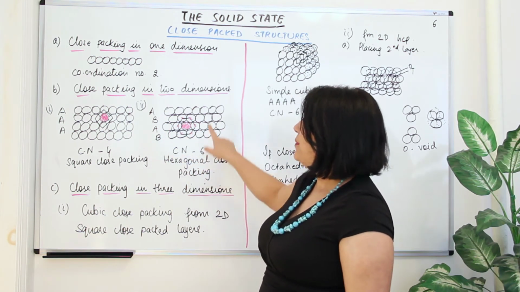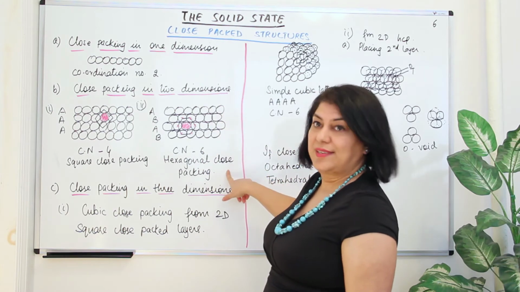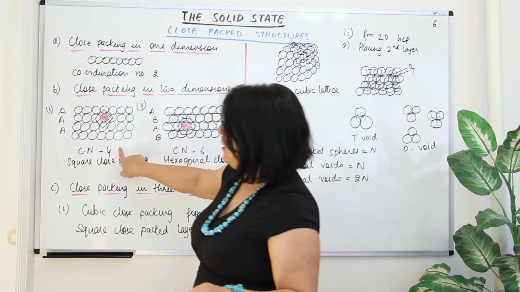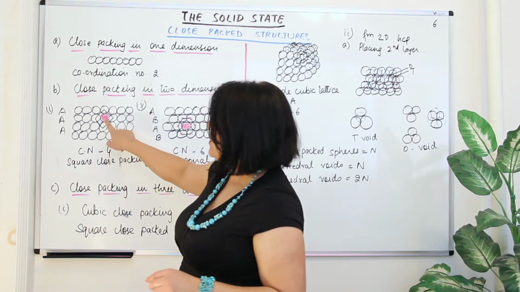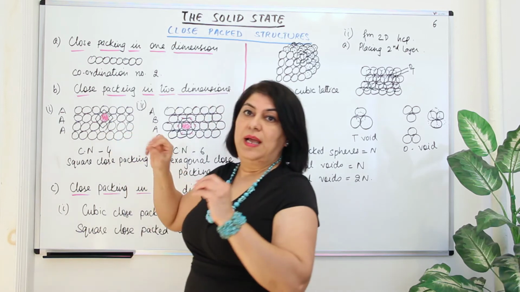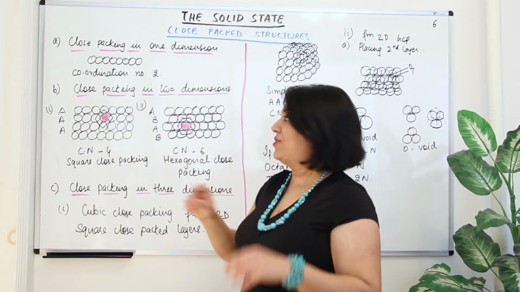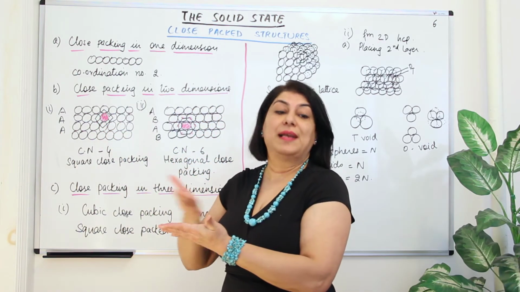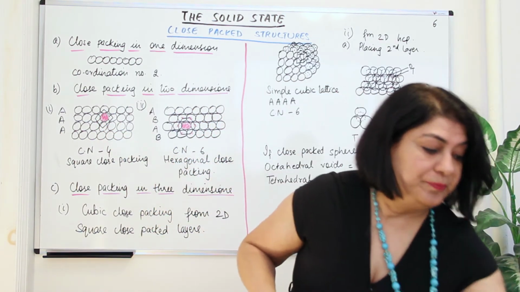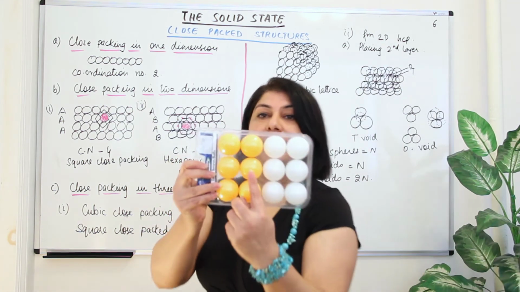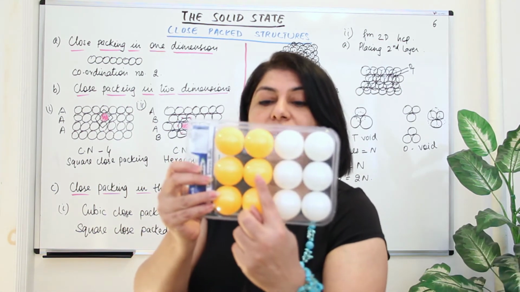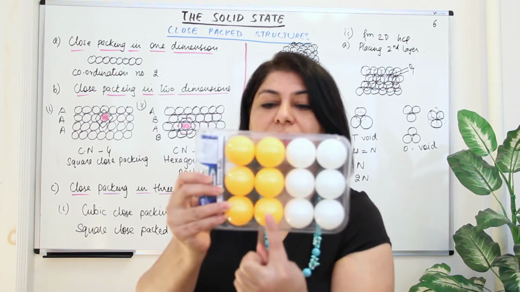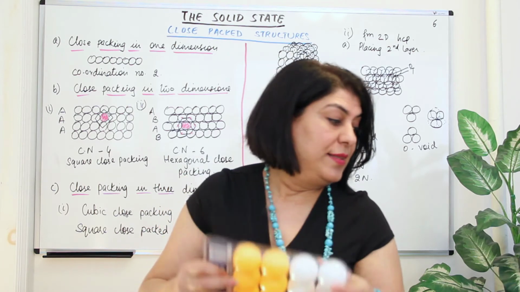The coordination number in the case of hexagonal close-packed 2-dimensional structure would be 6, and in the case of square close packing, every ball in the square close packed structure is touching 4 other balls in the same layer. Take a look at this ball here. How many balls are touching it? 1, 2, 3 and 4. The 4 balls around it will touch it and the rest would not.